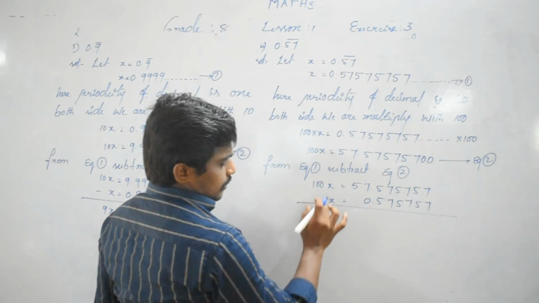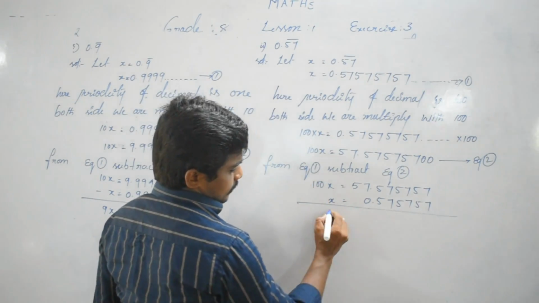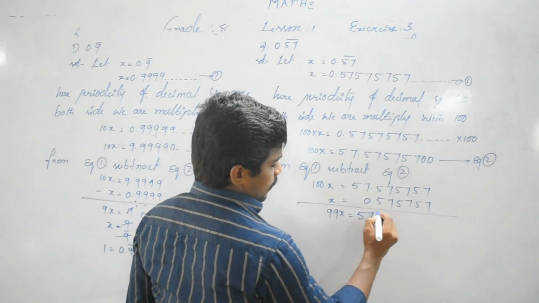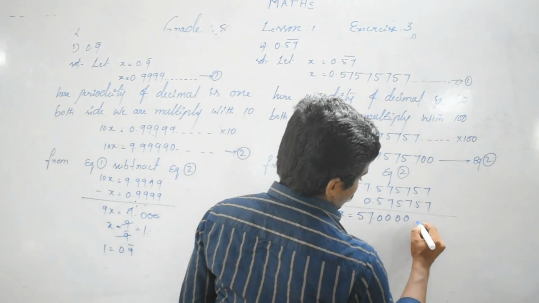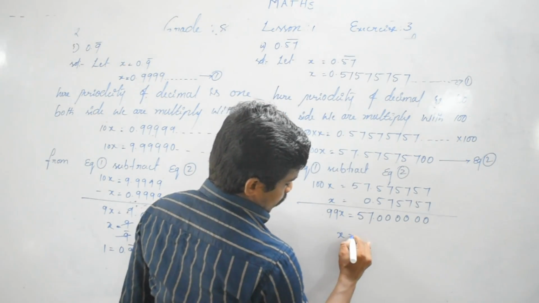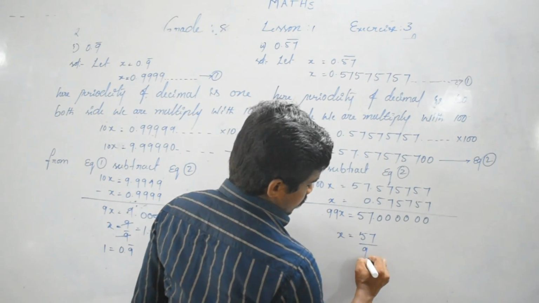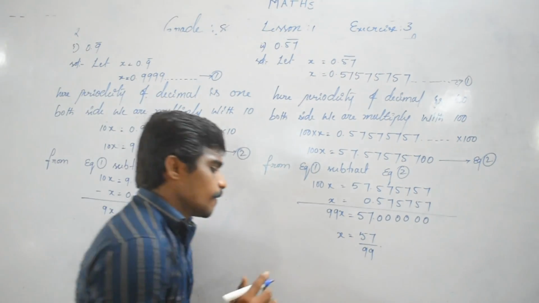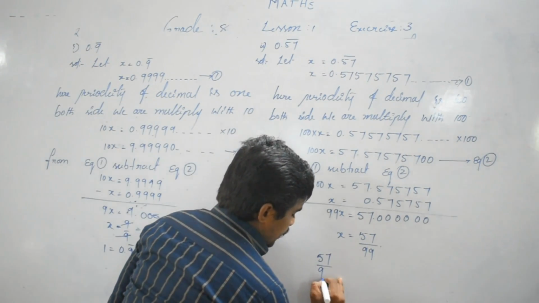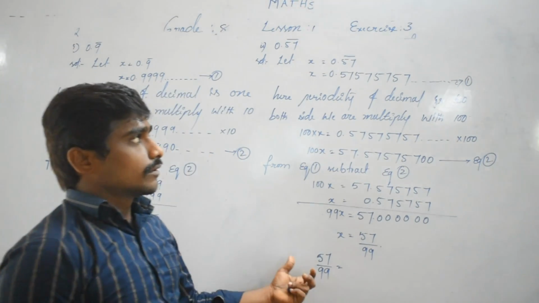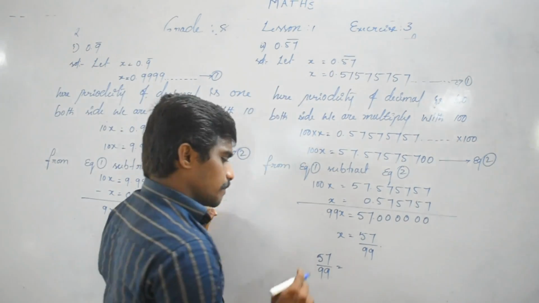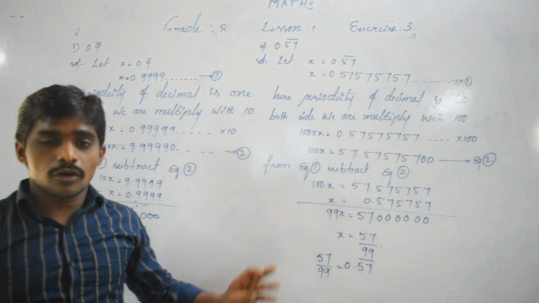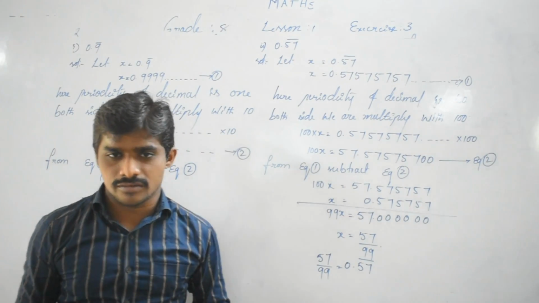Here subtract: 100x minus x, 99x equals 57.000. So x equals 57 by 99. So here 57 by 99 in decimal form is 0.57 bar. Now clear? So the remaining two problems are homework.